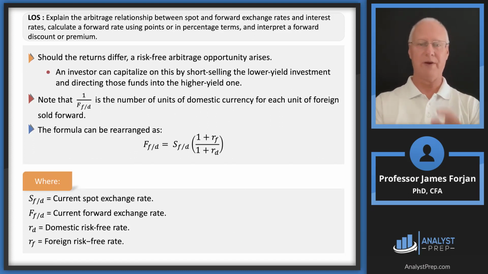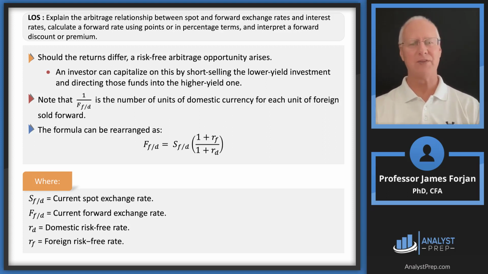So what we do is we rearrange this. So the forward rate on the left-hand side of the equal sign has to be equal to the spot rate. Oh my gosh, let me go back. What did I say to you a minute ago? The forward contract is our first exposure to a derivative security. So what is a derivative security? One whose value is derived from the value of another asset. So forward is derived from spot.